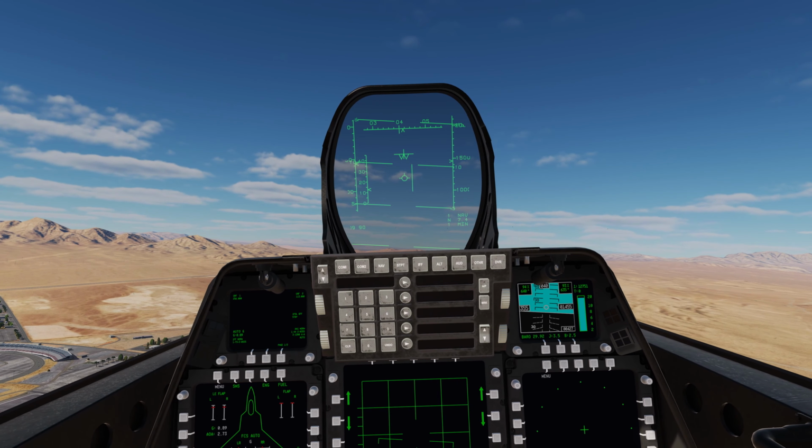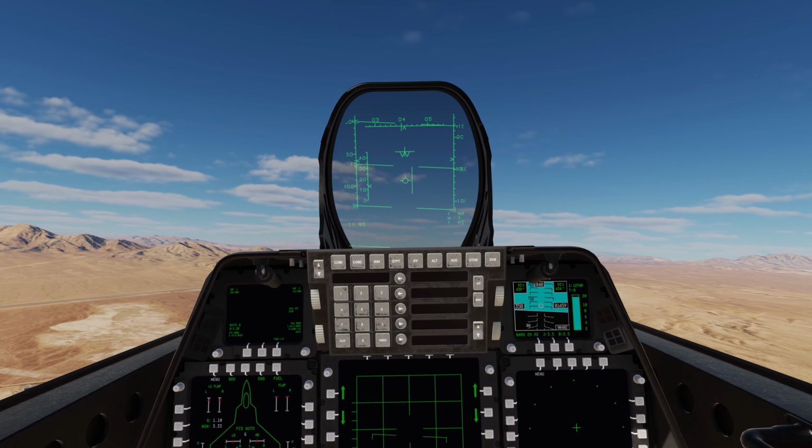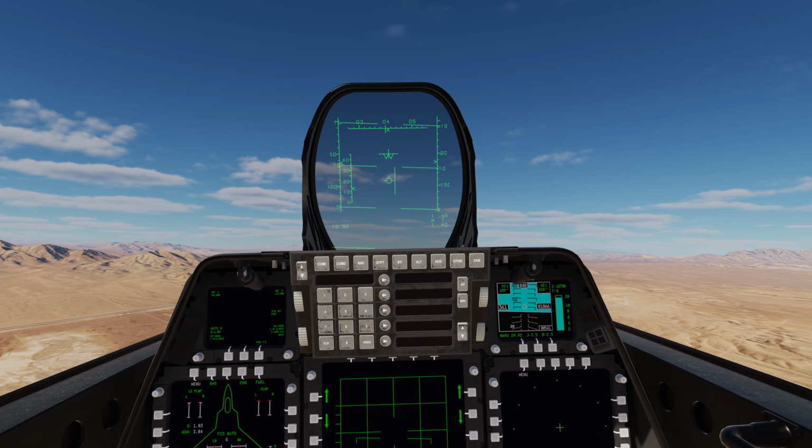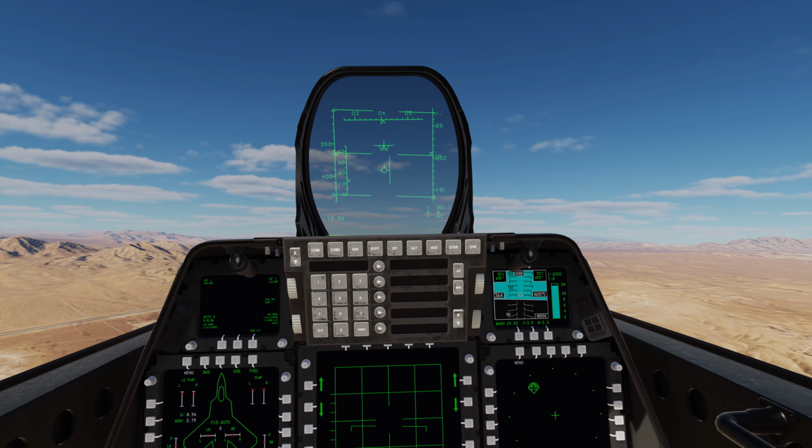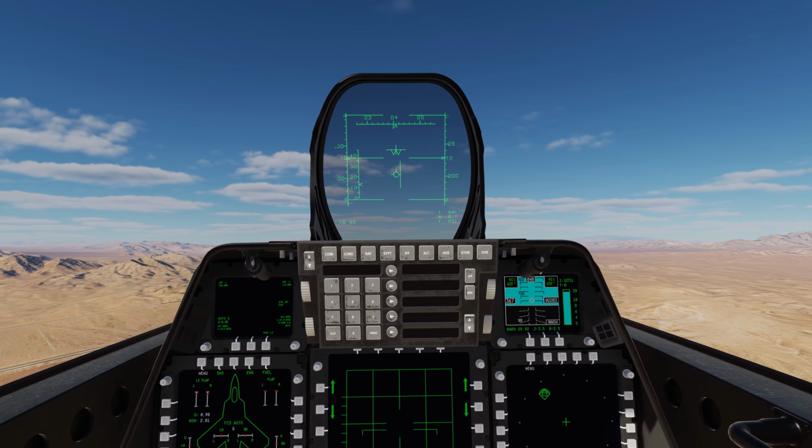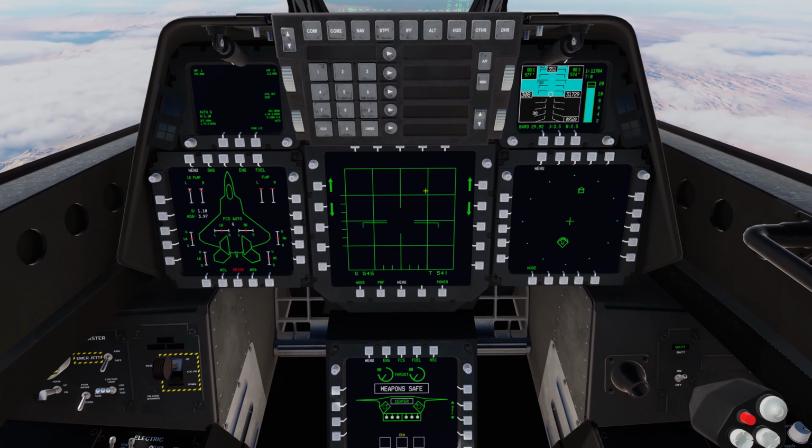Our way over to waypoint 2, and then 3 will be our fence-in point, and we'll get into the action.